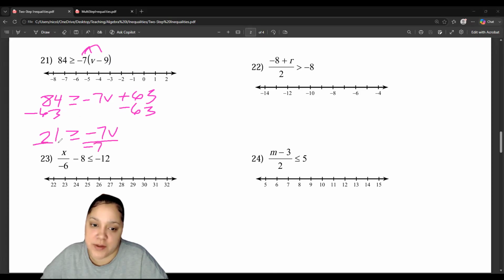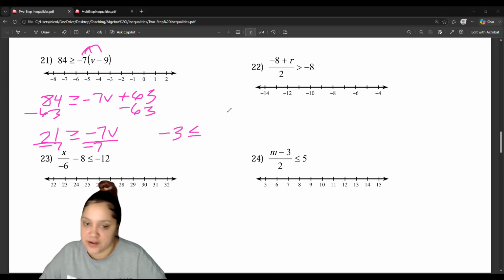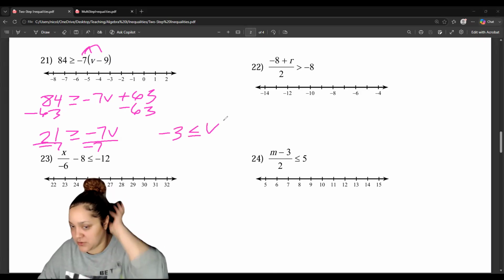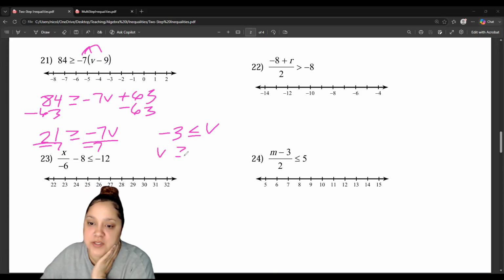Remember, when dividing by a negative, to flip the sign. This is something we haven't encountered yet, so this is a great example of when to flip the sign. That way you get v is greater than or equal to -3. So we want to put a shaded circle on -3 and graph it to the right.